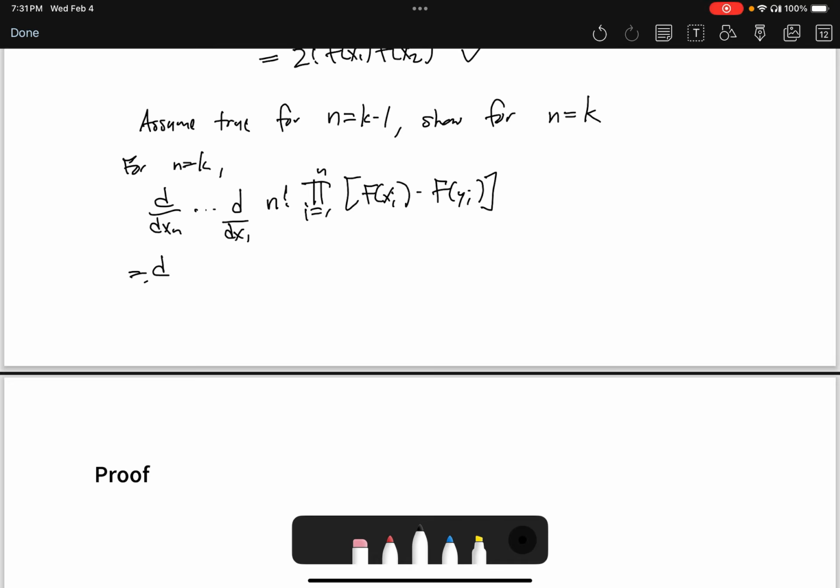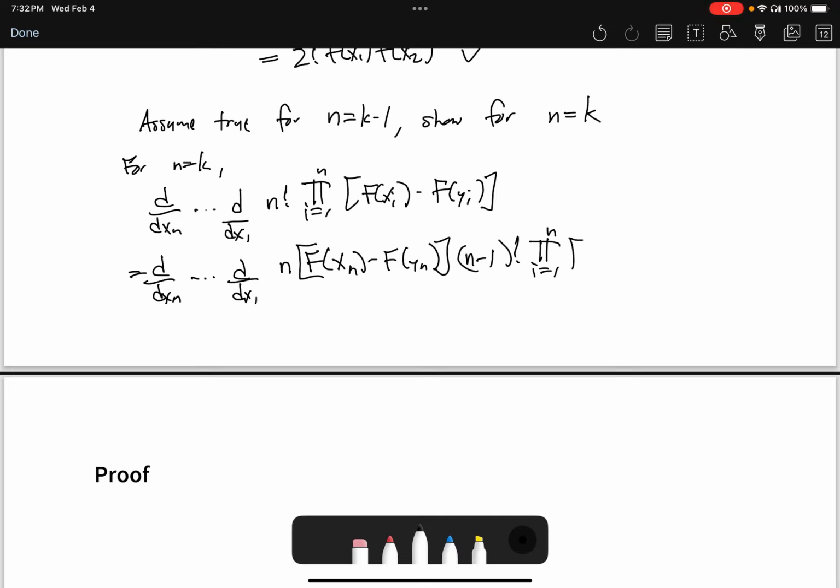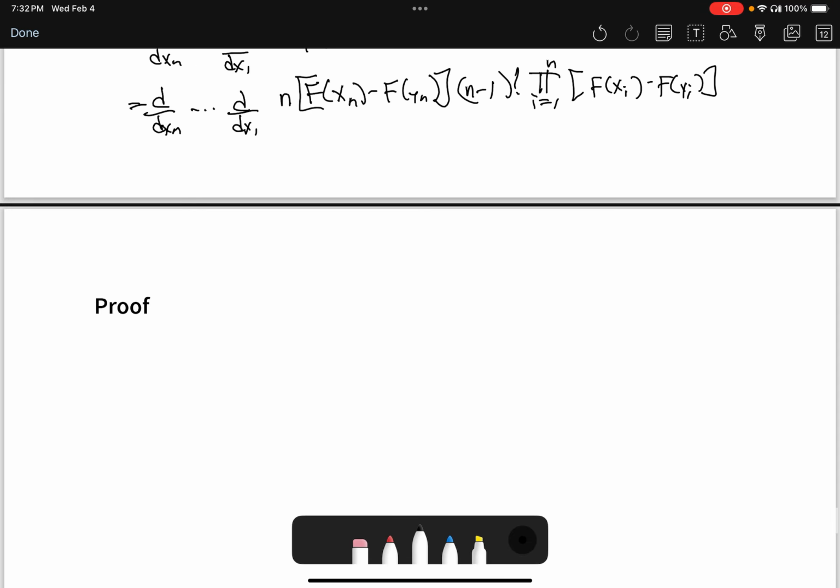And so this is the same as the derivative with respect to all those x's of n times F of, and so basically I'm going to factor out the part that's the n. So I'm going to have F of xn minus F of yn, have that off by itself. And I can multiply that by n minus 1 factorial times that product from i equals 1 to n, F of xi minus F of yi. And I guess I can take this a little bit further.